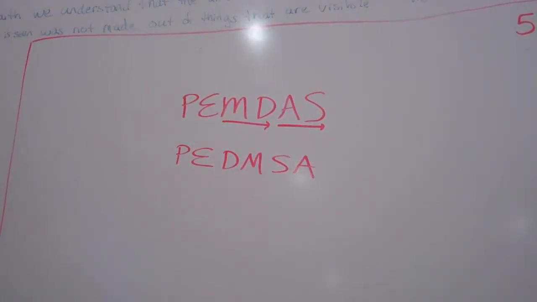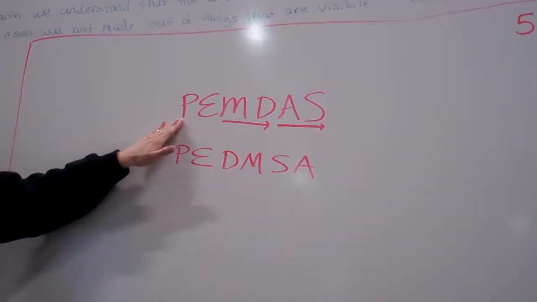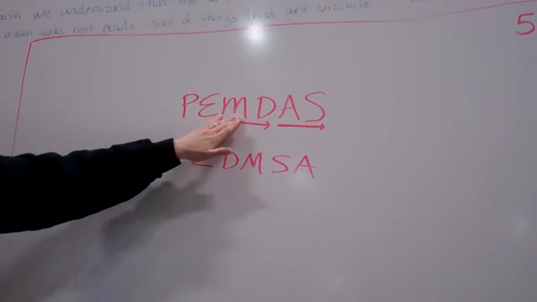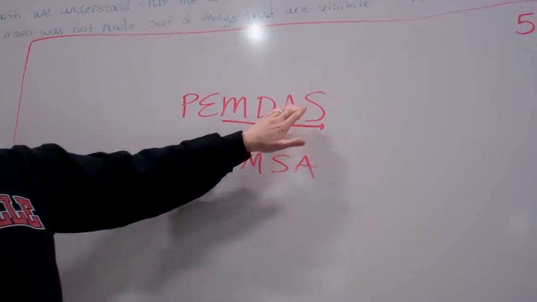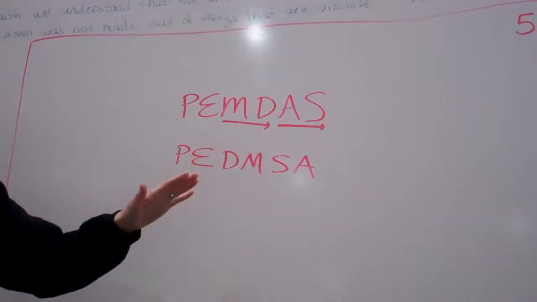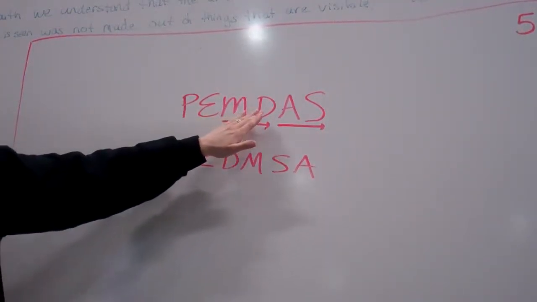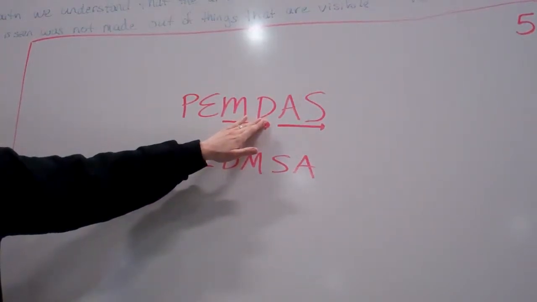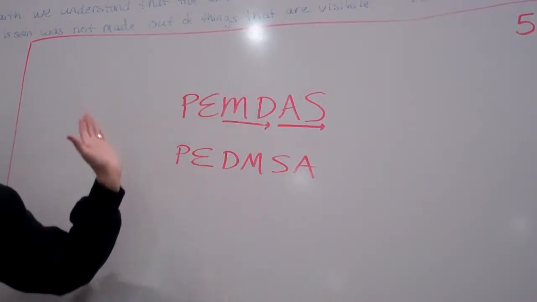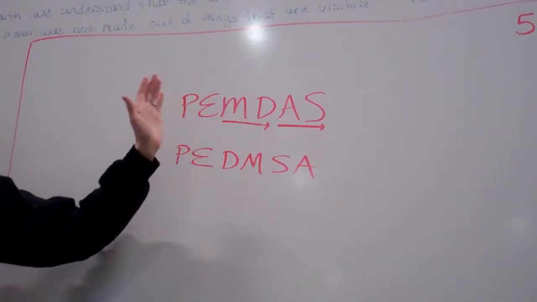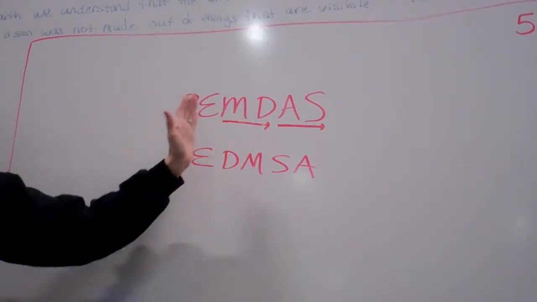Now what I mean by that is, if this is parentheses, exponents, multiply, divide, add, subtract, basically, you're going to multiply or divide whichever one comes first from left to right. That's why I drew my arrow from left to right.